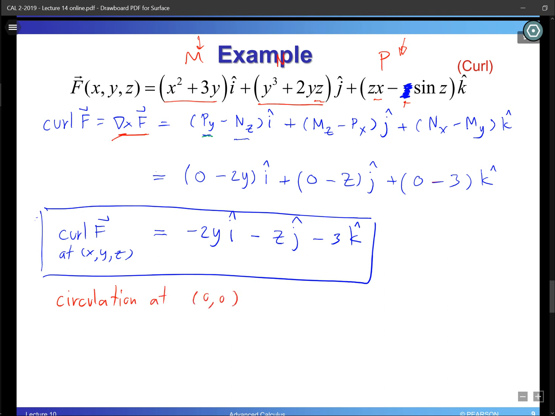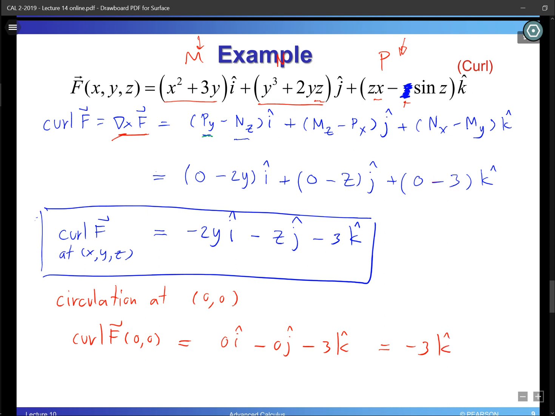So let's find the curl at the origin. The curl here at 0 is going to be equal to 0i minus 0j minus 3k. So here this is equal to minus 3k.